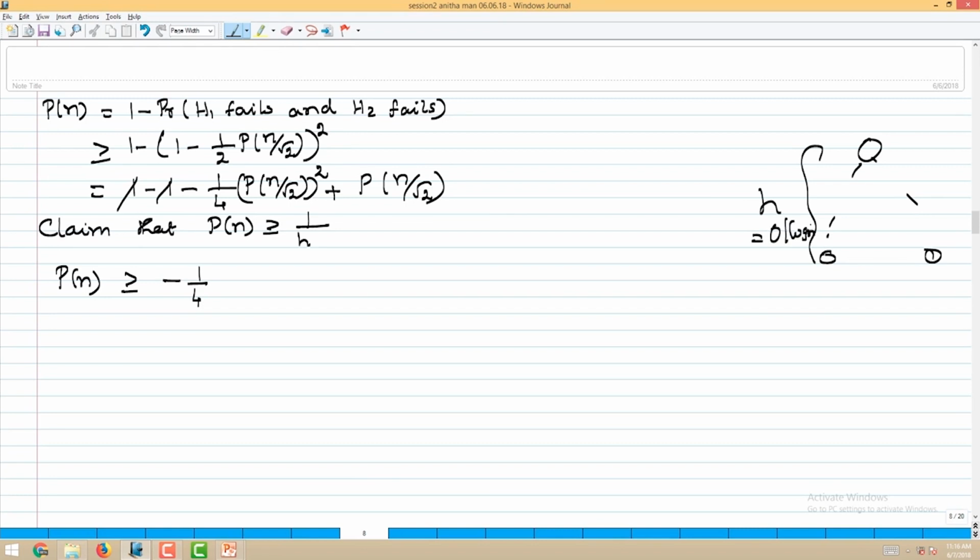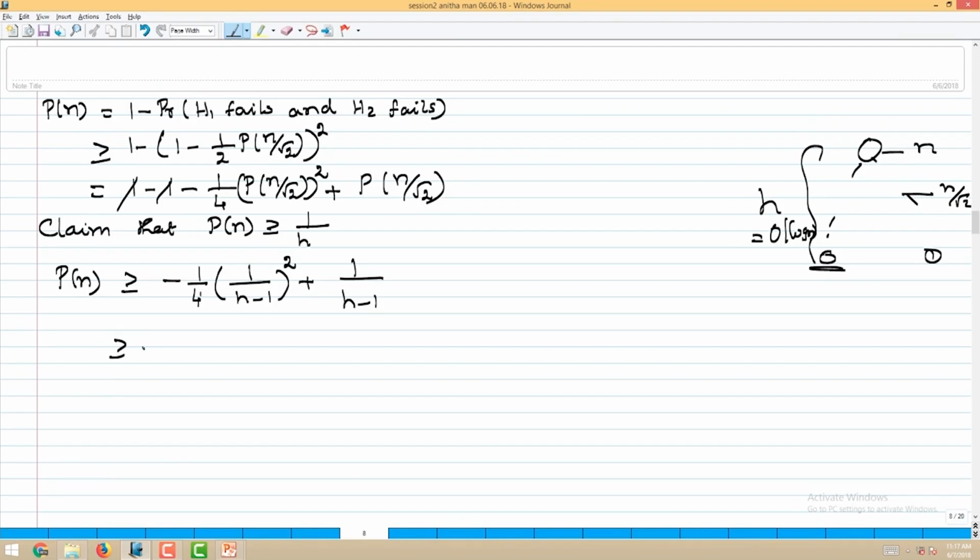Okay. So, at this level you are having n vertices, this level you are having n by root 2 vertices, correct. So, P of n by root 2, if I assume actually the entire thing is happening at this level h, in the previous level you will be having n by root 2 part, correct. So, this one is 1 by 4 into 1 by h minus 1 the whole square plus 1 by h minus 1. Okay. So, again you can make some approximation there.